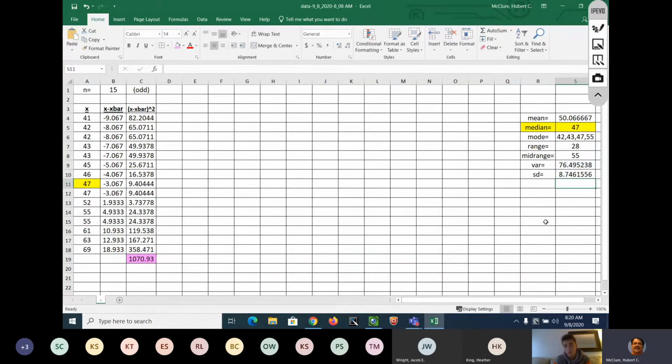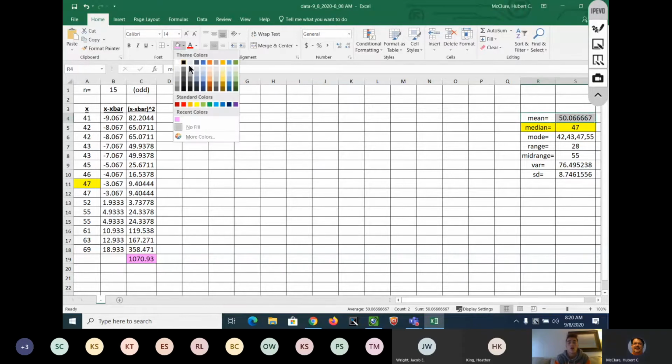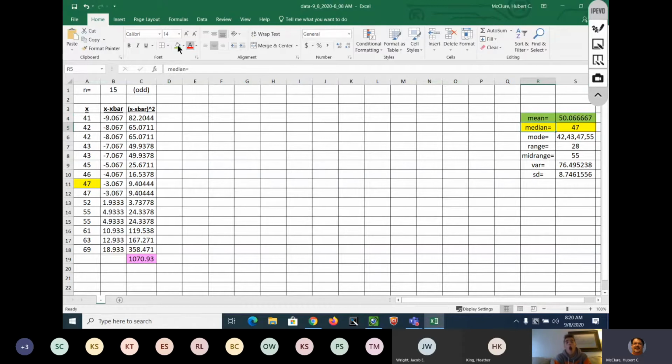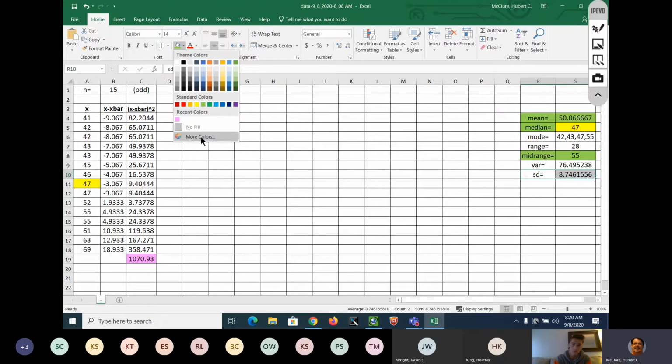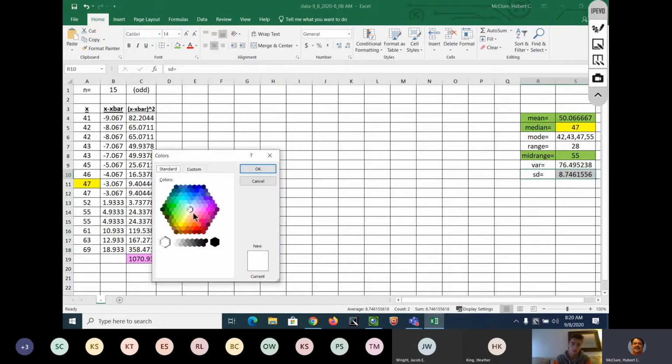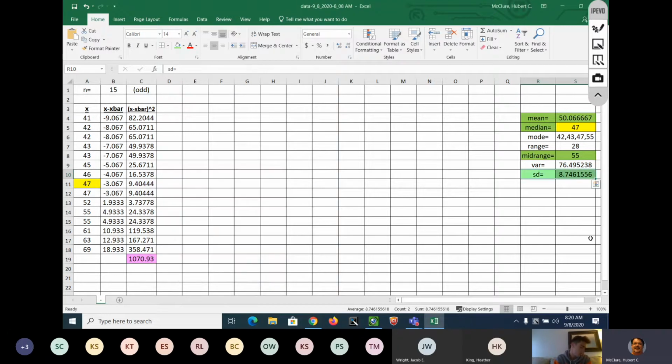And there are your important numbers. Your first important number is your mean. Second important number is your median. Third important number is your mid-range, which is also your middle of your number line. And the standard deviation, it's important, but it doesn't measure center. So I'll give you a more fluorescent green for that one.